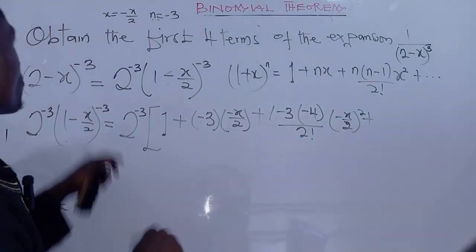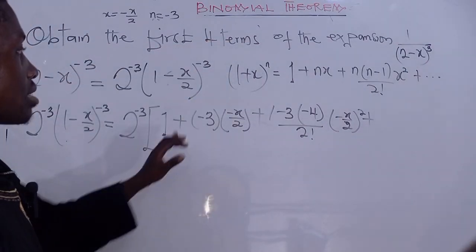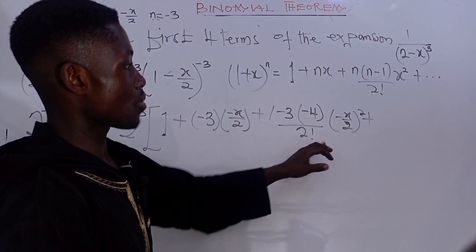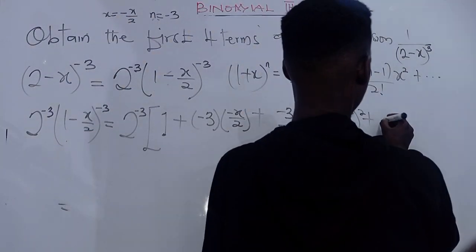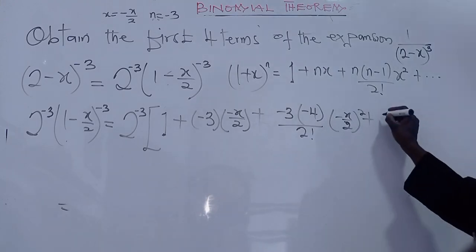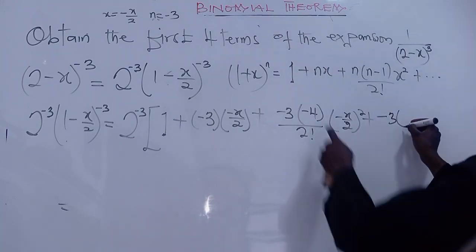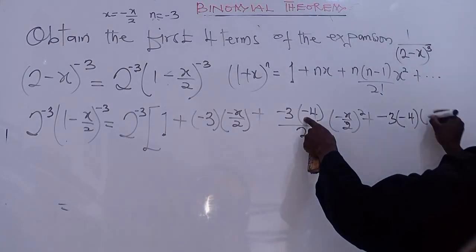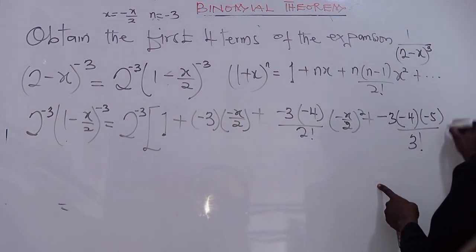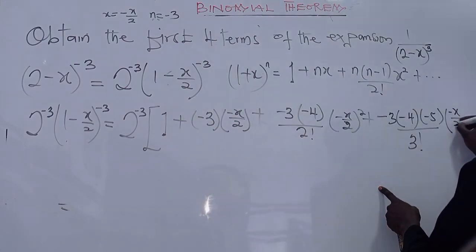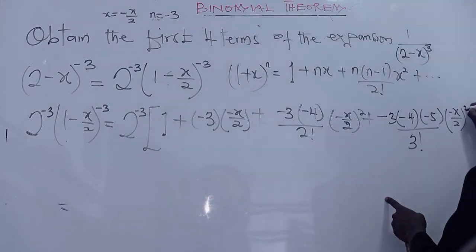So we have to obtain the first 4 terms. We have the first term, second term, and the third term. So we are left with what? The last term. So we have times minus 4, we move to minus 5, and then we have minus x over 2 raised to the power 3.